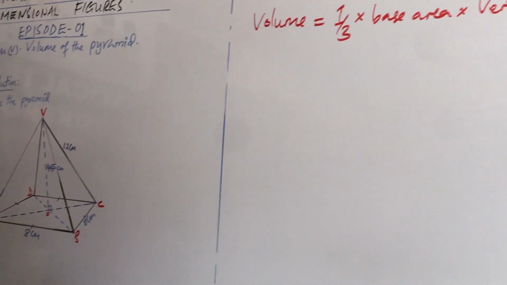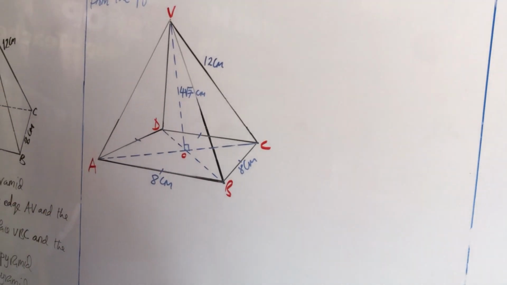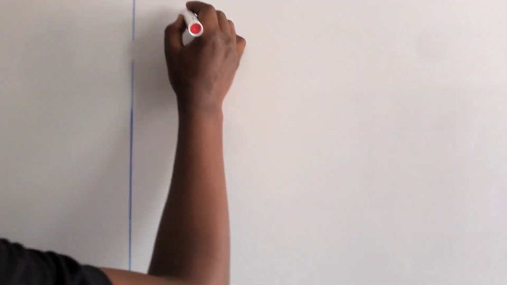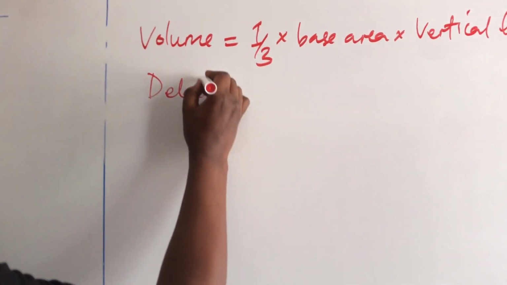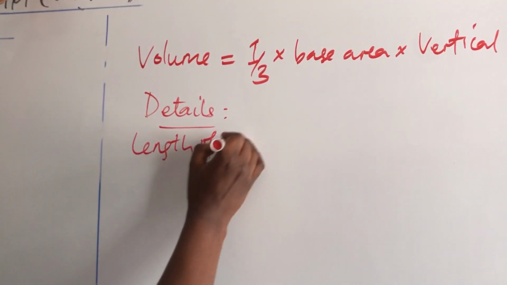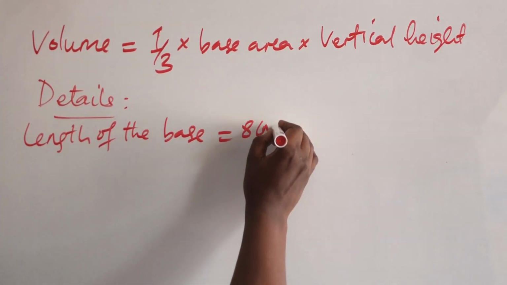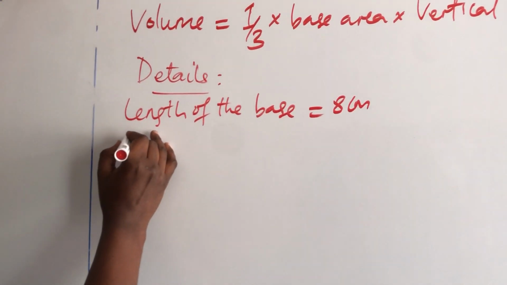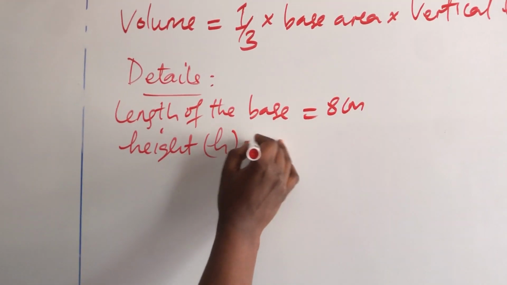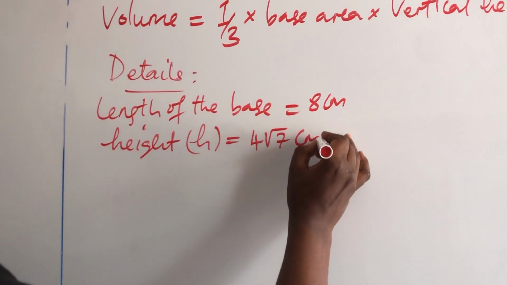Now here, our base ABCD is a square with dimension 8 centimeters in length. So we'll start writing the details. The length of the base equals 8 centimeters. Now the vertical height of the pyramid, or the altitude h, is 4 radical 7 centimeters.